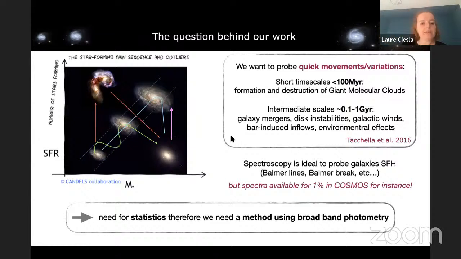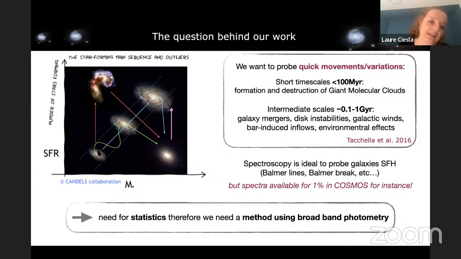So this is a cartoon that shows the typical thing that I'm trying to put constraints on. You can have these galaxies growing up here on the stellar mass, SFR mass diagram, just slowly growing up quietly, and then at some point quenching, becoming passive.